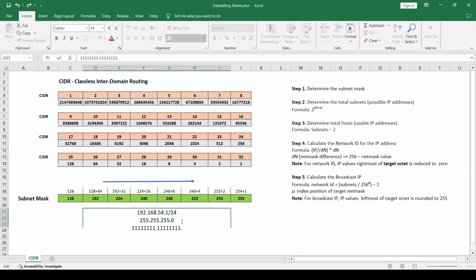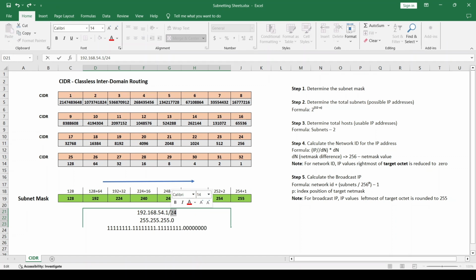Then the third octet, 1, 2, 3, 4, 5, 6, 7, 8. Then the last 8 bits, which is going to be 0. Now, if you count these ones here, they all amount to what? 24, because this is a /24 network.